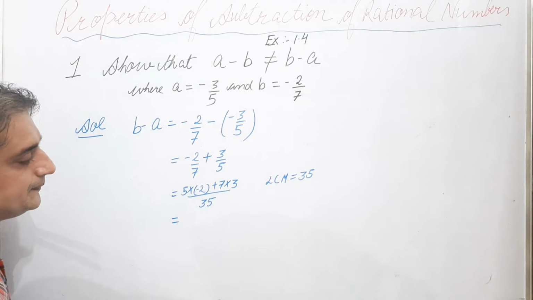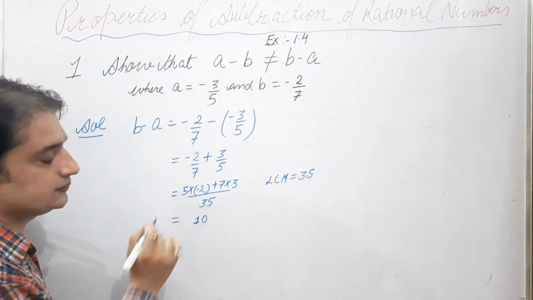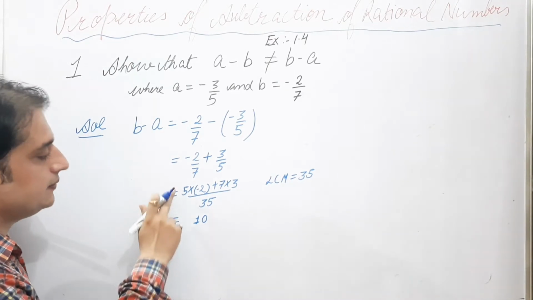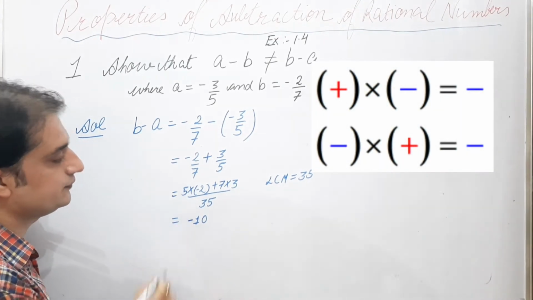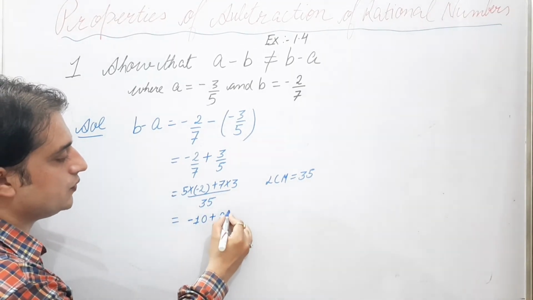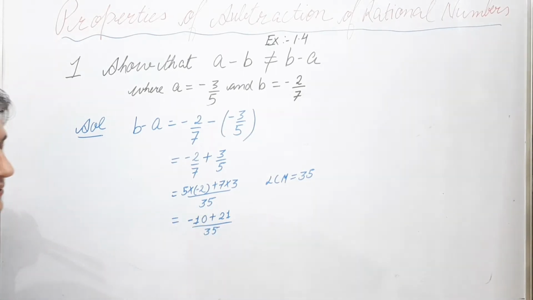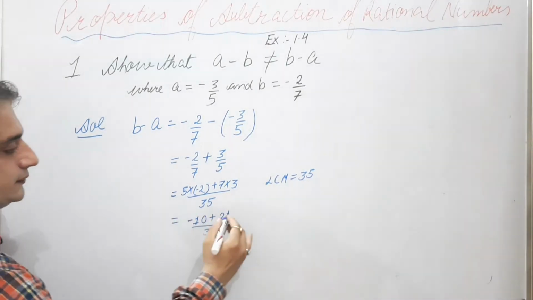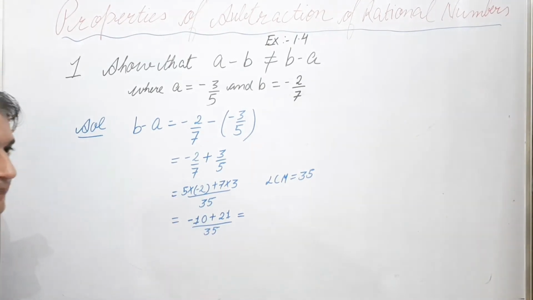So what is the answer? 5 2s are 10. The product of the two numbers, but here one number is positive, here the number is negative. So the answer is negative. Plus 7 3s are 21 upon 35. Now the net numerator is what? Here is negative 10, here is plus 21.